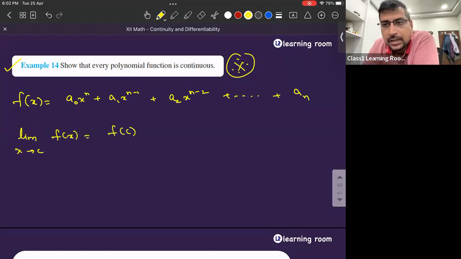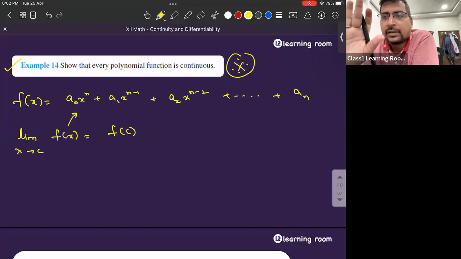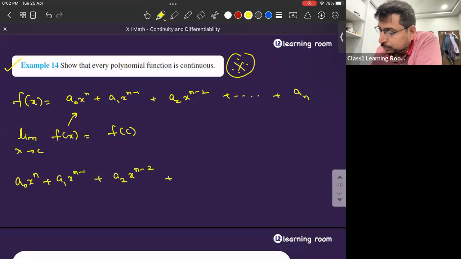Whenever a function does not have a denominator, just substitute the limit value directly. So what is it going to be? a naught c power n plus a1 c power n minus 1 plus a2 c power n minus 2 plus and so on till an. Is this not exactly equal to f of c?